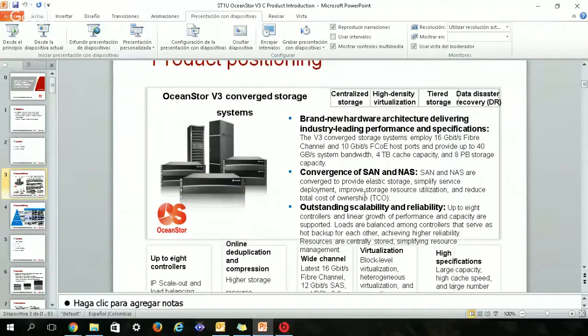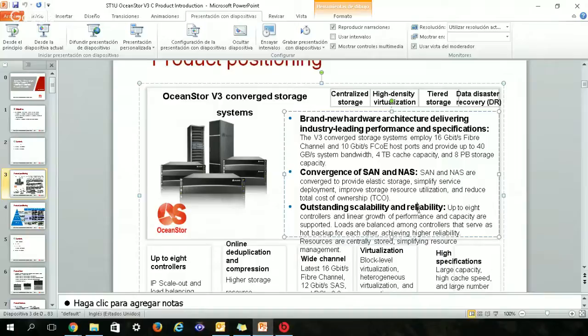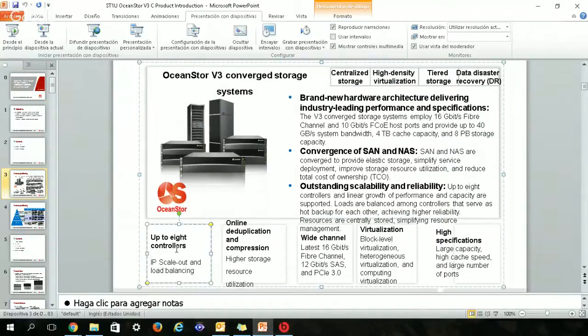Outstanding scalability and reliability: up to 8 controllers and linear growth of performance and capacity are supported. Of course, anytime we're talking about SCSI, we're going to talk about the controllers. Some of the features are that we can have up to 8 controllers, and online deduplication and compression.